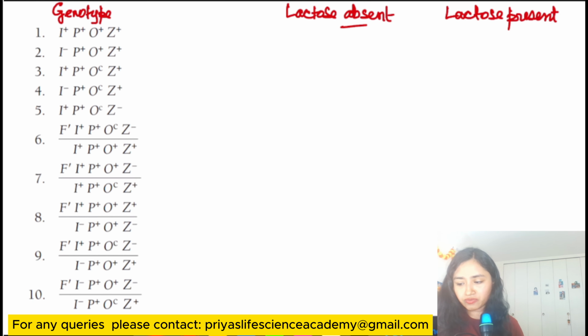These are the genotypes, and we will understand what will happen when lactose is absent and what will happen when lactose is present. The first genotype is I plus, P plus, O plus, Z plus.